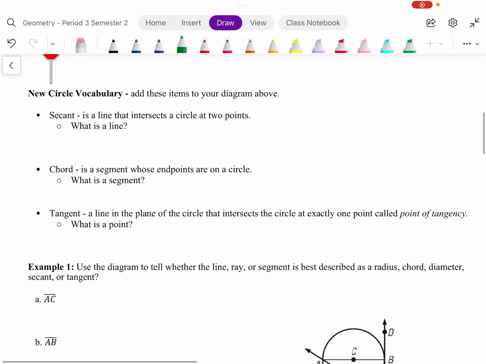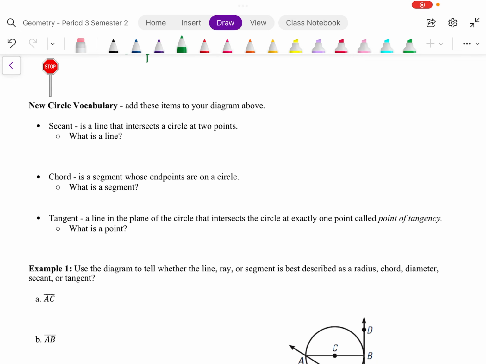So then next, our new vocabulary. First we have a secant, and a secant is a line that intersects a circle at 2 points. Another thing that we can add, it doesn't have to be just a line, it could also be an object. The key thing is that it goes outside of the circle. And that's the key difference.